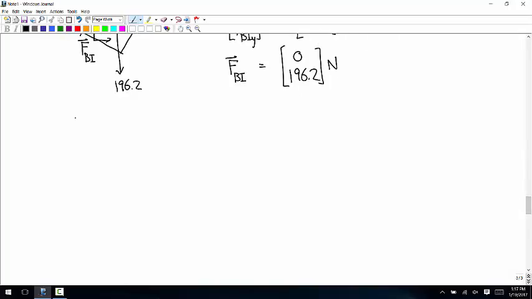So here's what we have now for part B. We have this force vector that's straight up with a magnitude of 196.2. And we have to break that up into a normal force and a friction force.